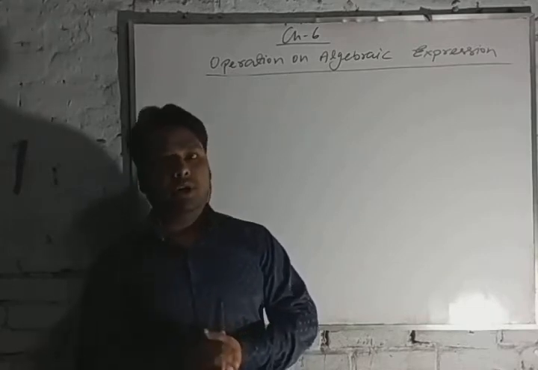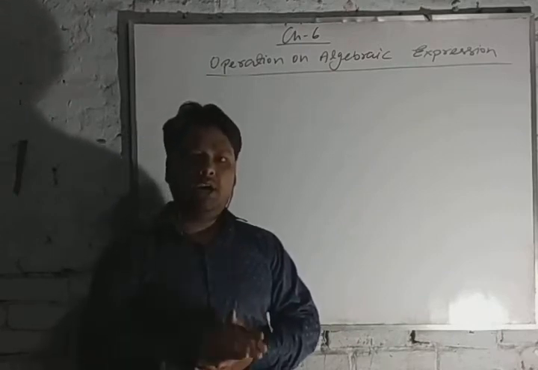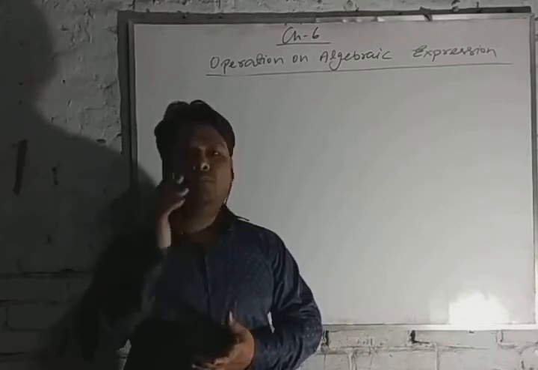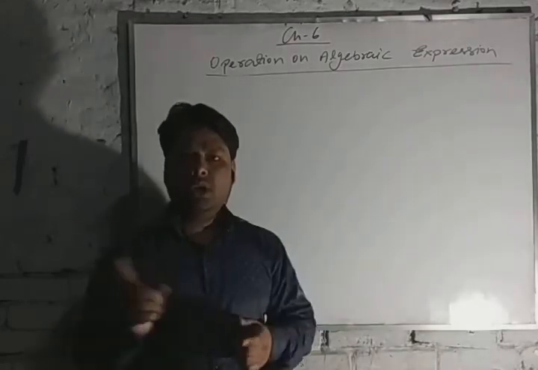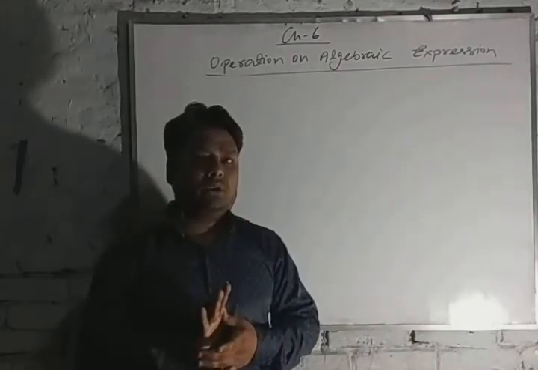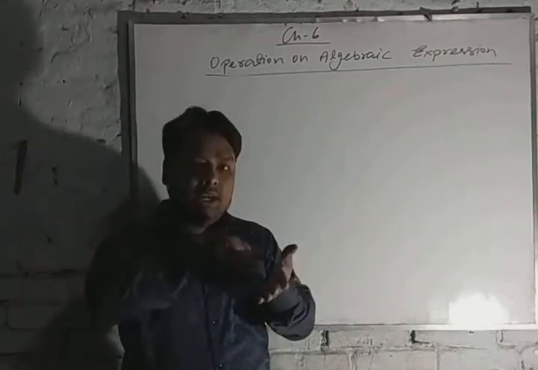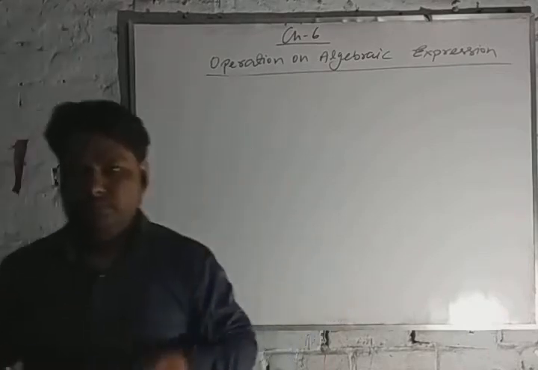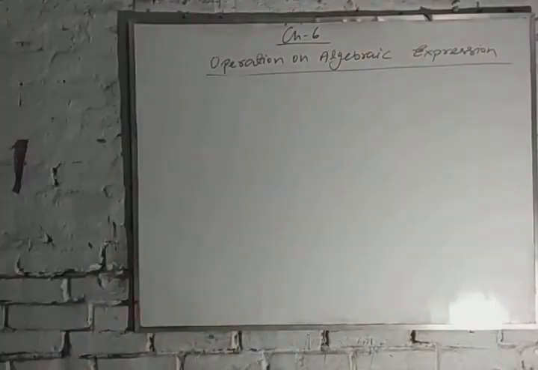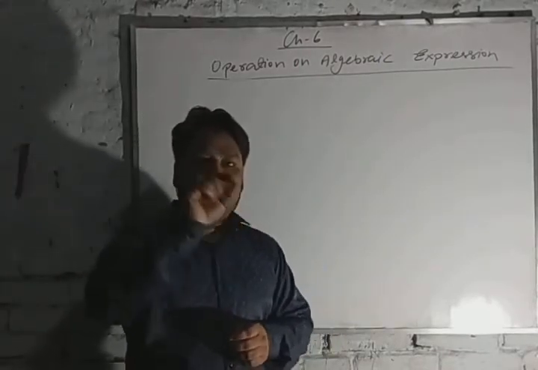And the third point: if you are adding or subtracting two or more expressions, then you have to see whether all the terms are like or not. If you are adding two terms or three terms or four terms, check whether they are like terms or not.